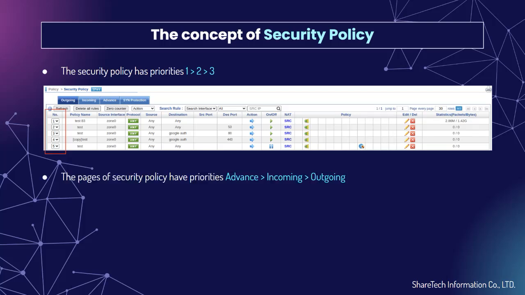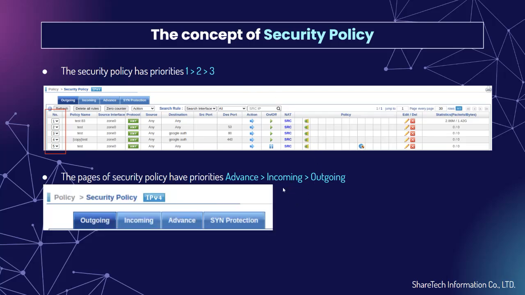The pages of the security policy also have priorities. So advance is higher than incoming, and incoming is higher than outgoing.